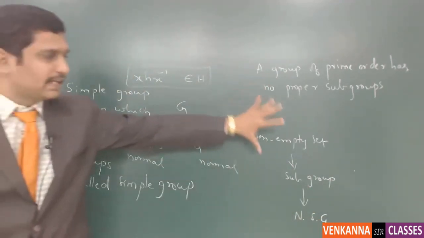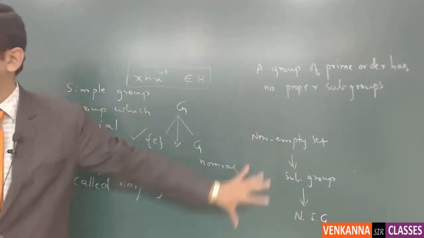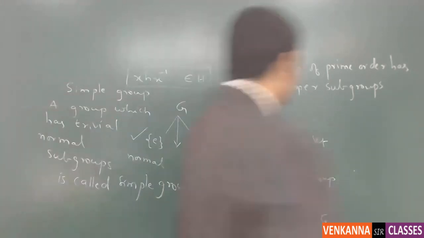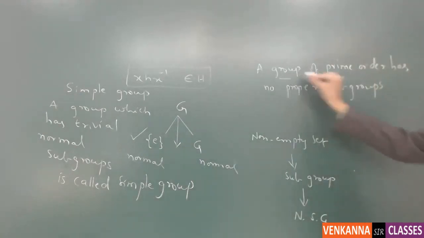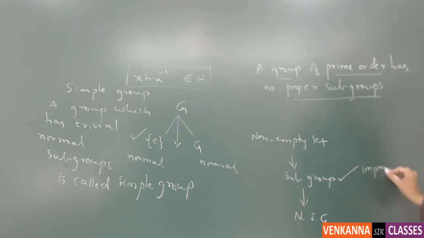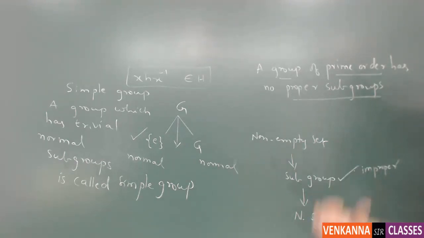This is the actual hierarchy if you think about the structure of the subgroups or normal subgroups. So what happens? If you take a group of prime order, it has no proper subgroups. So at this level, you have only improper subgroups. So if the subgroups are improper, by default, normal subgroups are also improper, the next level.